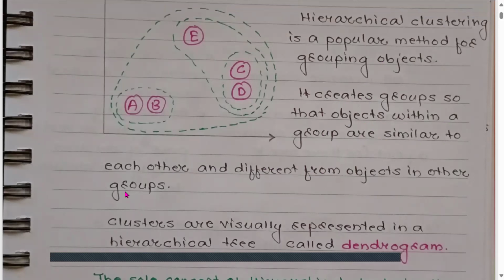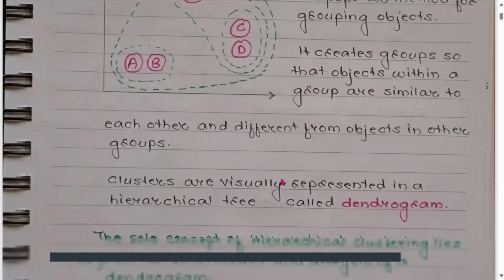It creates groups so that objects within a group are similar to each other and different from objects in other groups.